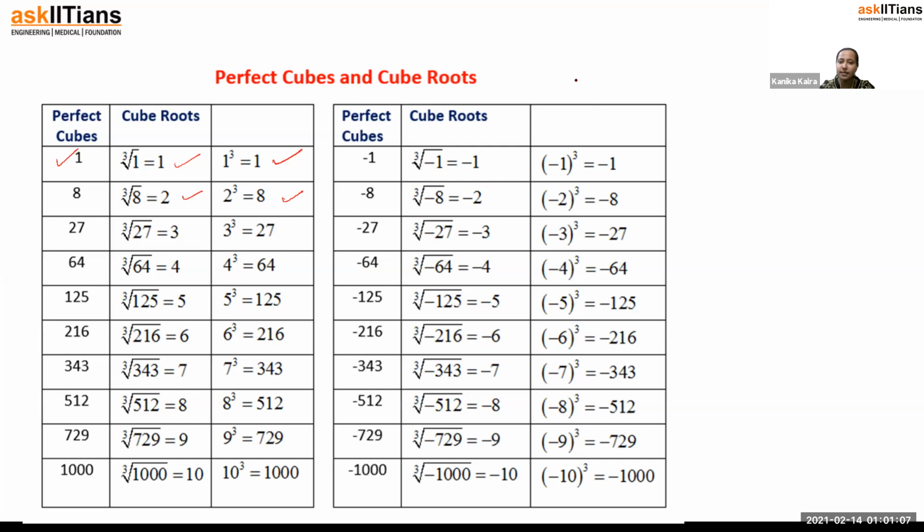And this is the following table which represents the cubes and cube roots of the negative integers from negative 1 to negative 10. And this is from positive 1 to positive 10. So you have to learn these because it will be easier for you to solve the questions then. It would be better if you learn them.